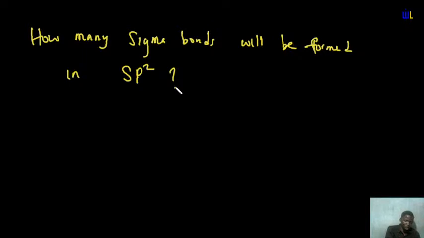Okay. The number of sigma bonds that are formed also determines the number of atoms bound to carbon. The number of sigma bonds formed, or the number of hybridized orbitals, will tell you the number of atoms that will be bound to carbon.